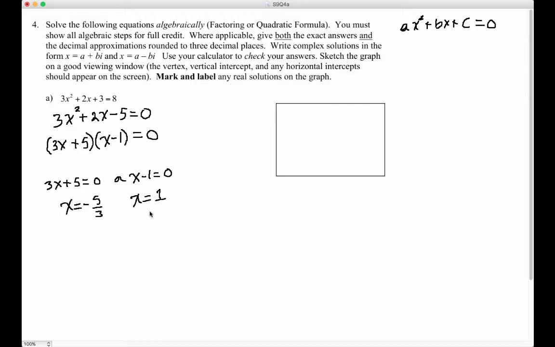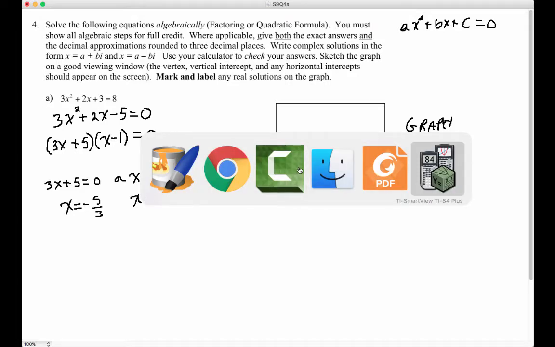Okay? All right, nice. So we've done what they asked us for the algebraic part, but they also want us to show them the graph. So to get the graph here, let's go get the calculator up.